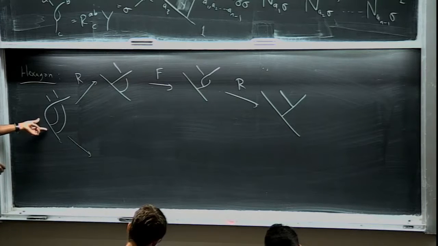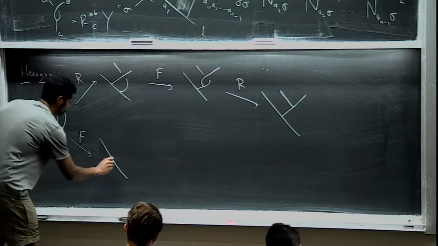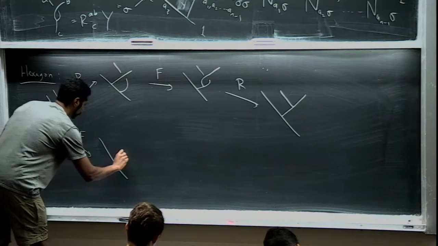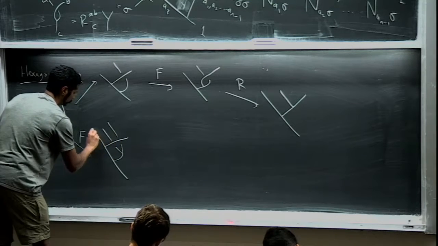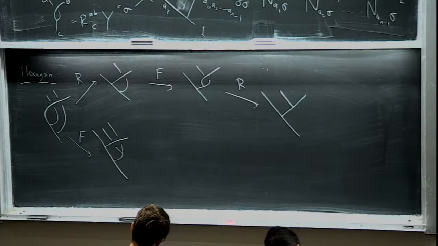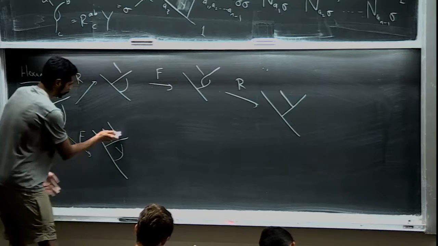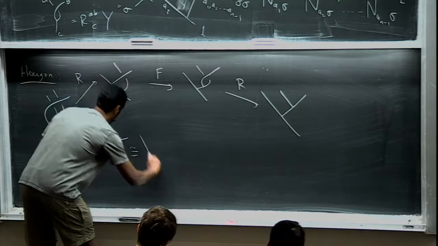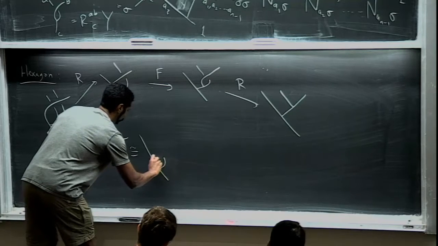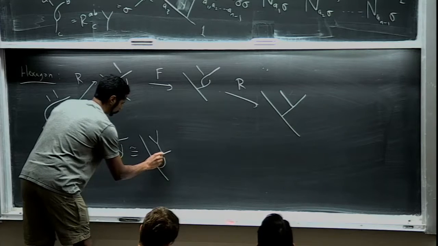On the other hand, we could have done an F move first. In which case, this would look like this. Now, if you look at this picture, if we just pull this line down, without doing any move at all, this is just equivalent to this picture.